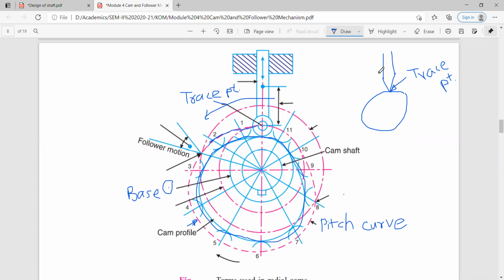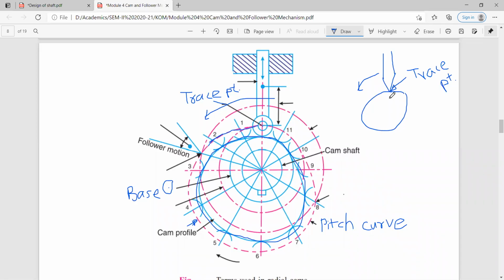When you rotate this knife edge follower over the cam surface, which curve will it trace? What will be the path of this trace point? Cam surface only.